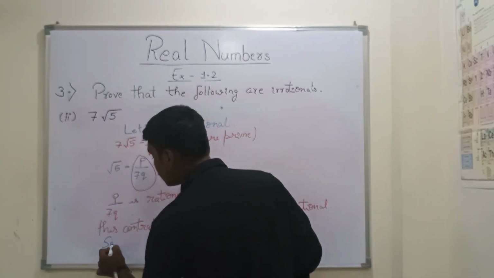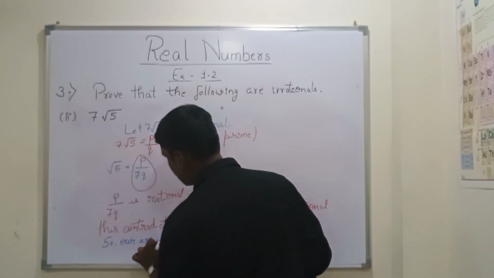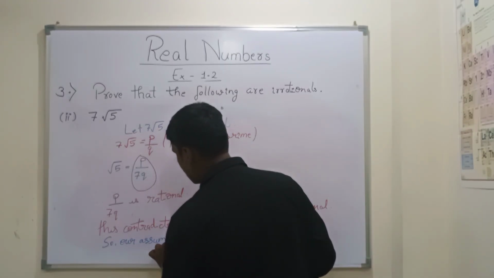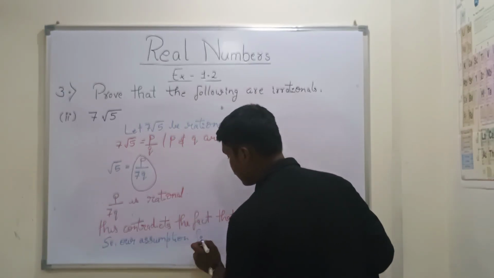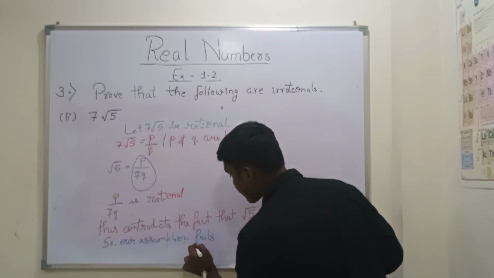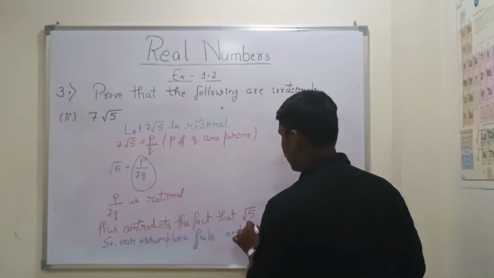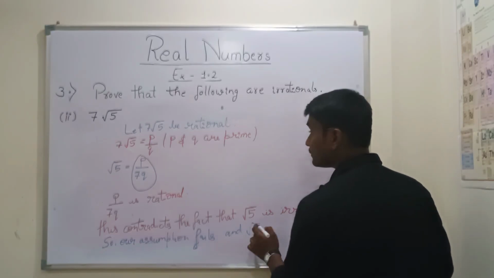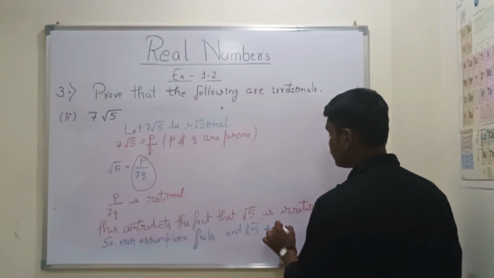So our assumption fails, and 7 root 5 is irrational.